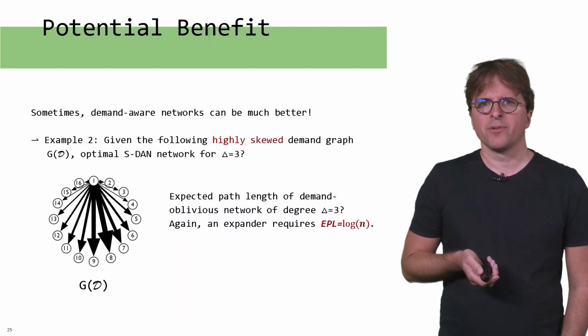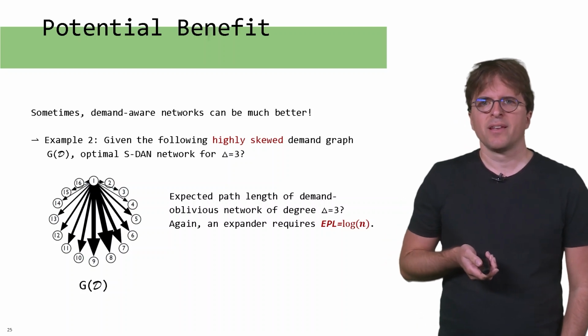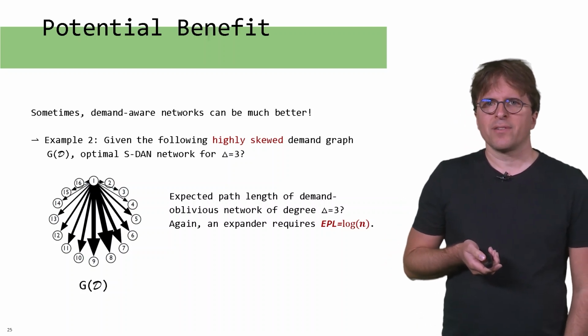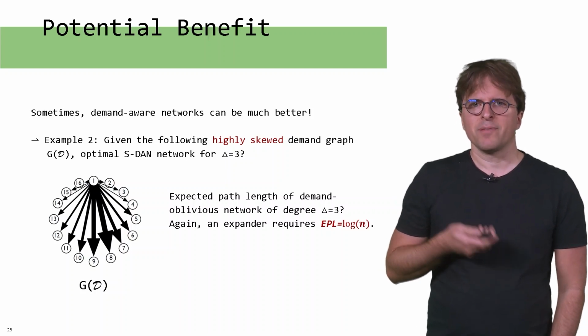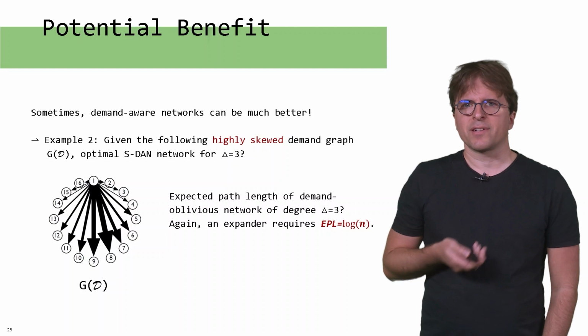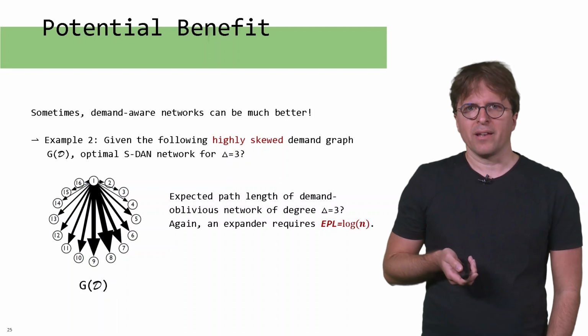So it's a very skewed demand, all coming from a single source. So again, if you want to build a demand-oblivious network for embedding this demand, then, for example, again an expander graph, the expected path length in a constant degree expander will be again log n.